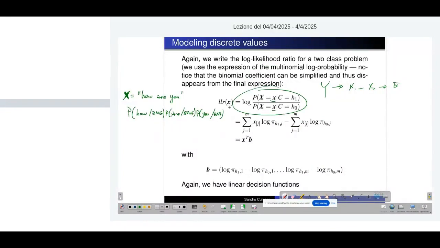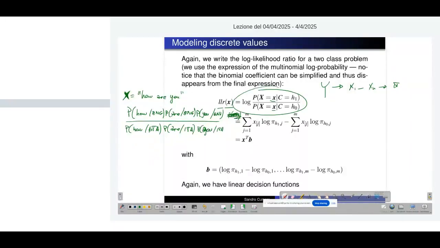We multiply by the prior of English, and we get something that is proportional to the posterior. Now imagine we have a binary problem, so we know it's either English or Italian.